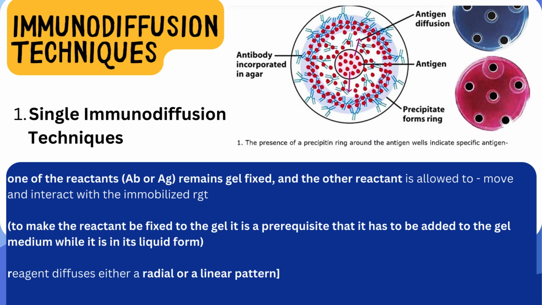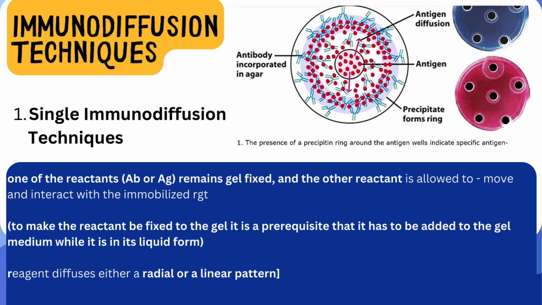So to immobilize a reactant in the gel, it must be incorporated into the gel medium while the gel is still in its liquid form. So the free reactant this time, guys, will just diffuse either in a radial or linear pattern to interact with the immobilized or incorporated reagent in the agar.